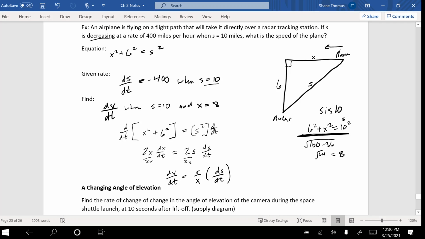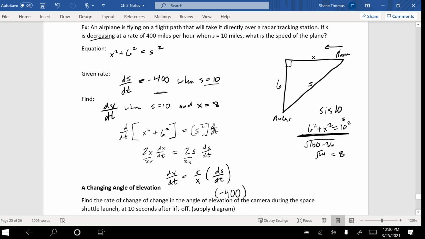I'm going to take this next one here. Okay, I have my dS/dt of negative 400 already from up here. Okay, and that's when S was 10. Well, we're looking for the speed when S is 10 and x is 8.